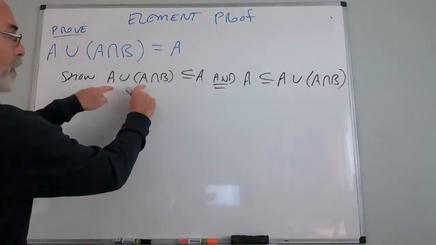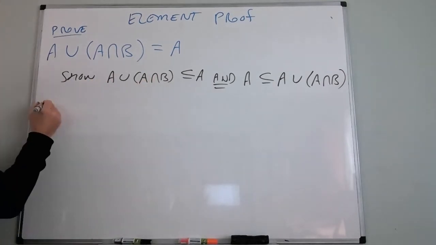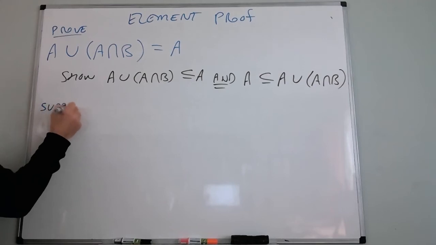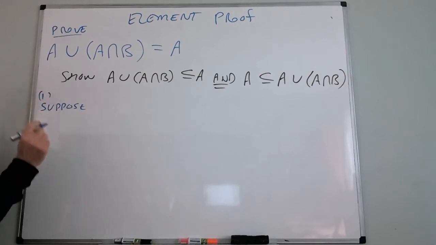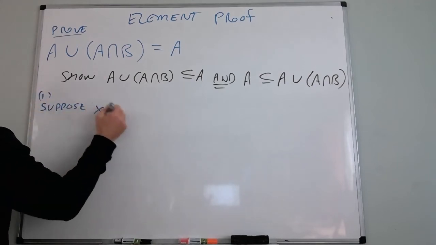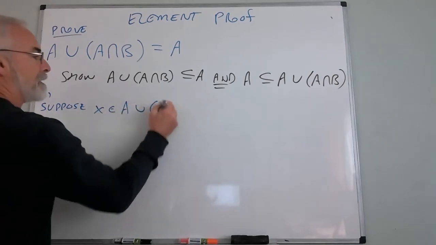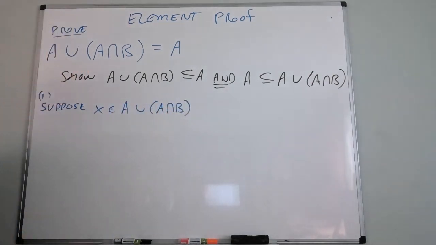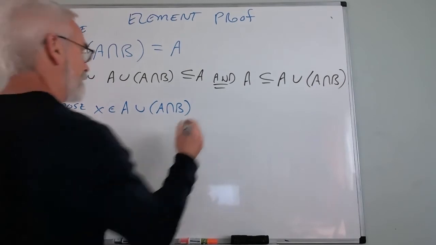So I have to start with an element being on the left side. So we will suppose, I'll put a little one because we got to do it in pieces. Suppose X is an element of A union A intersect B. Well, if X is an element of a union, that means X has to be in one of those two sets.